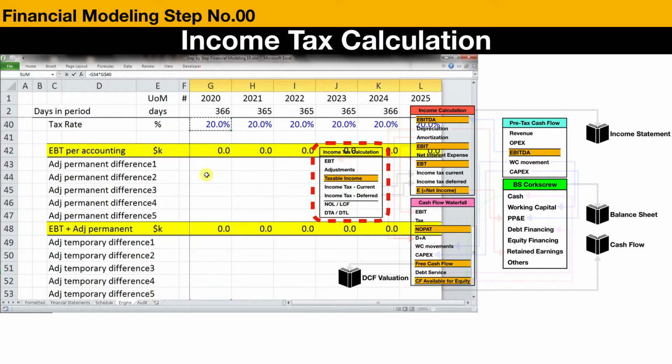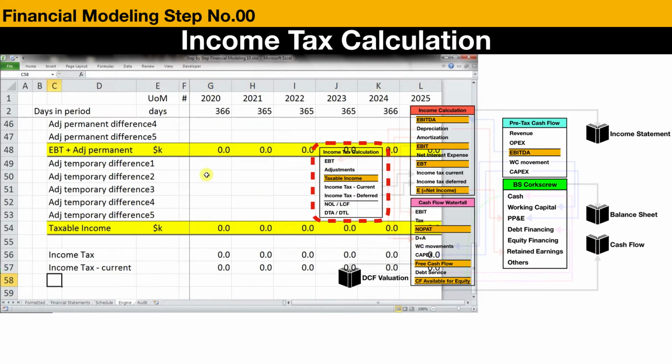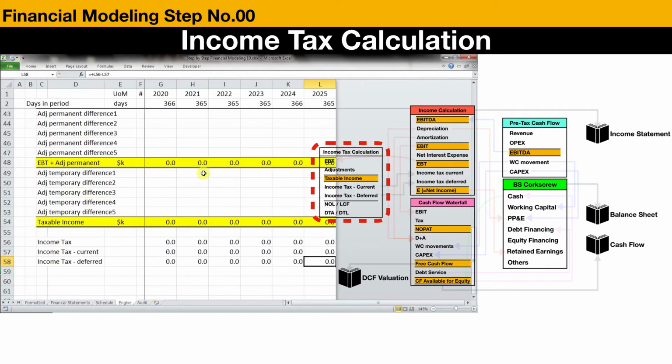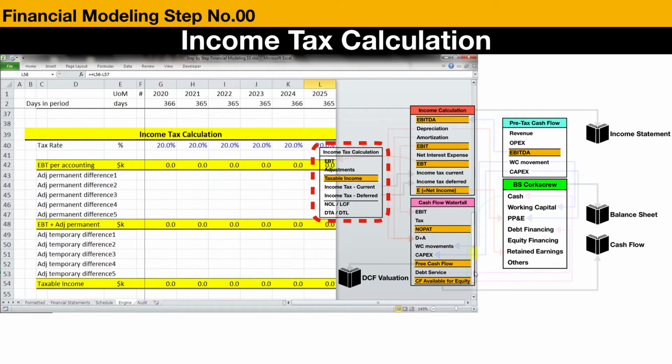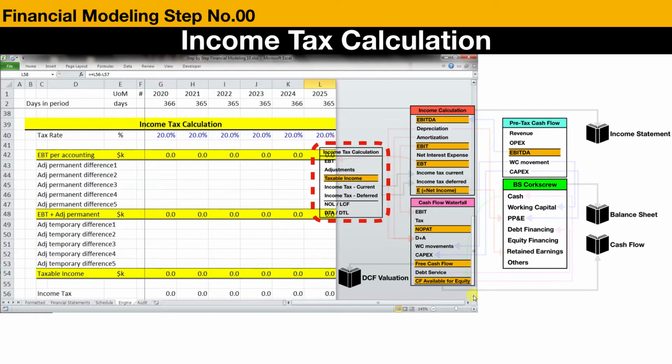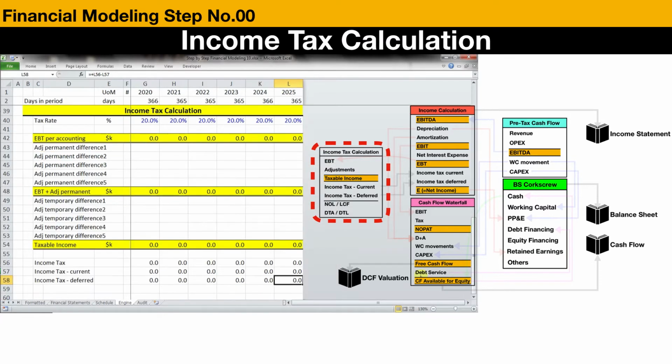The difference between the two is income tax deferred. Income tax deferred causes either deferred tax asset or deferred tax liability to increase or decrease. We skip the calculation of deferred tax asset or liability for now, as interperiod tax allocation is a big topic in itself. We will come back to it with specific examples.